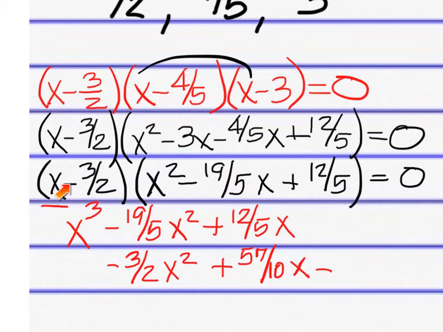A negative 3 halves times a positive 12/5, that's a negative. 3 times 12 is 36. 2 times 5 is 10. 36 over 10 is 18 over 5.